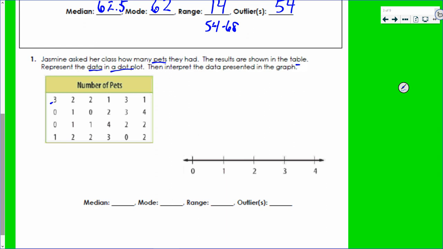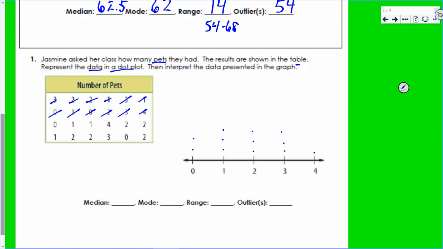So I started at 3, that gets an individual dot. Then a 2, another 2, so it's building that one up now. 1 gets its first dot. 3 gets a second. 1 gets its second. 0 gets its first. Another on the 1. Another on the 0. Another on the 2. Another on the 3. Oh, 4 makes an appearance.